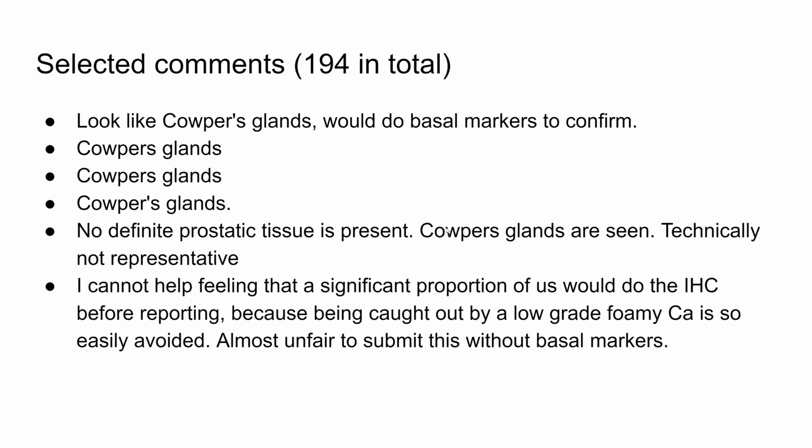I suppose the clue to that was you weren't in some glandular tissue. There was skeletal muscle, and you had those ducts interspersed as well. But foamy gland carcinoma would be the thing to think about within a diagnosis of Cowper's glands.